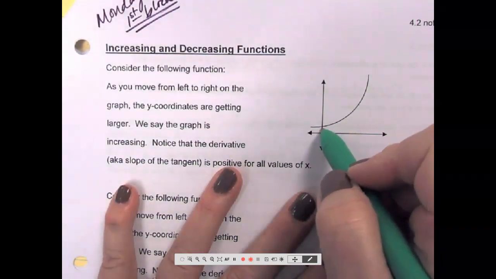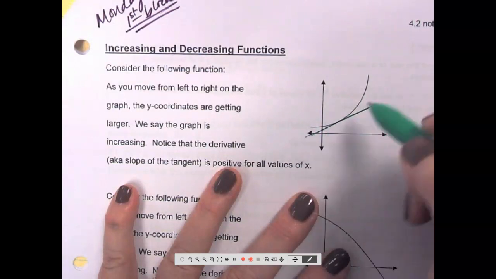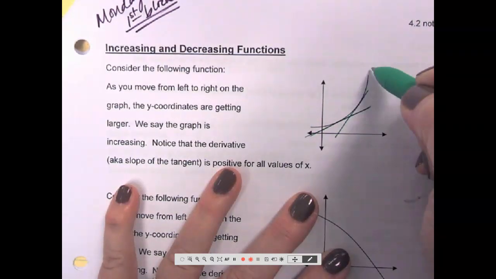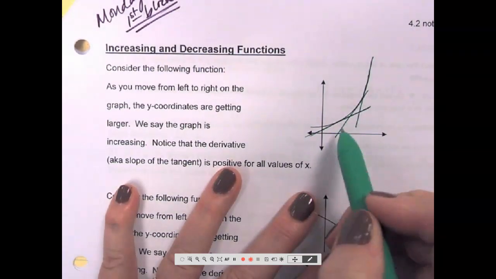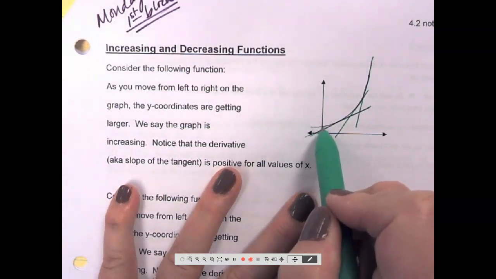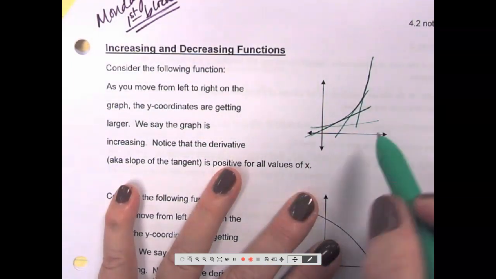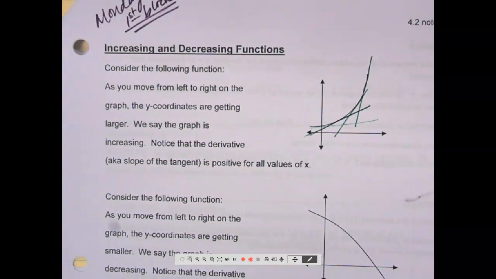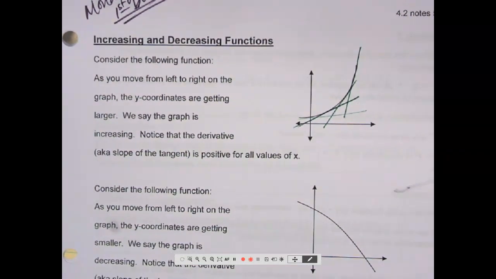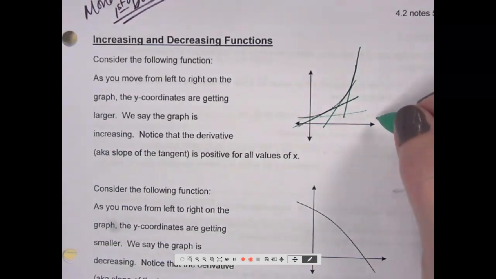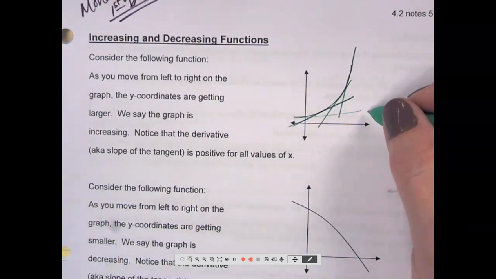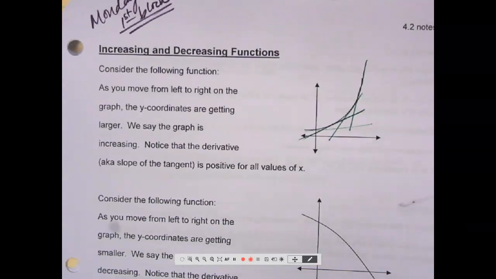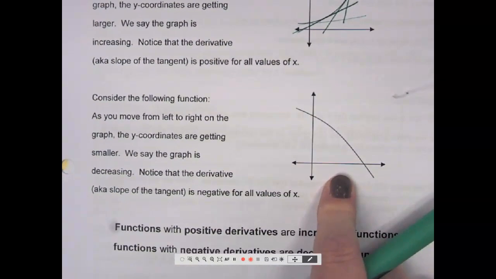So if you think of tangent, tangent, tangent, right there it appears it's getting really close to 0, but all of those do have positive slopes. If a function is increasing, guess what kind of slopes we should expect? Positive slopes.